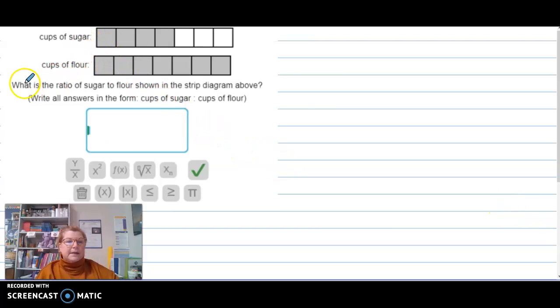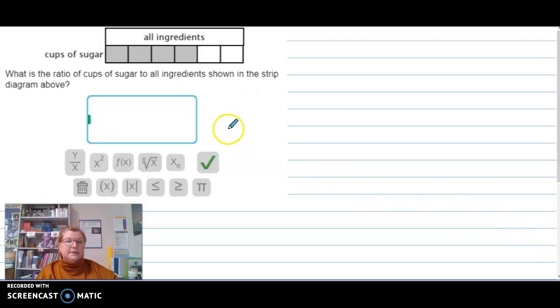Here's another strip diagram. What is the ratio of sugar to flour shown in the strip diagram above? They want the sugar amount first, flour second. Four to 7. Okay, so these are all part-to-part comparisons in our ratio.